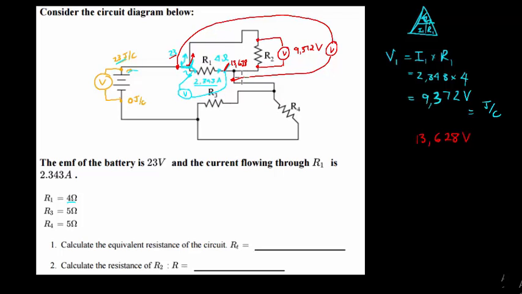In both of the branches, each coulomb spent 9.372, which means if I measure the energy per coulomb now, I will also get at this point that they have 13.628. So the difference, remember, voltage measures the difference, is 9.372 volts.